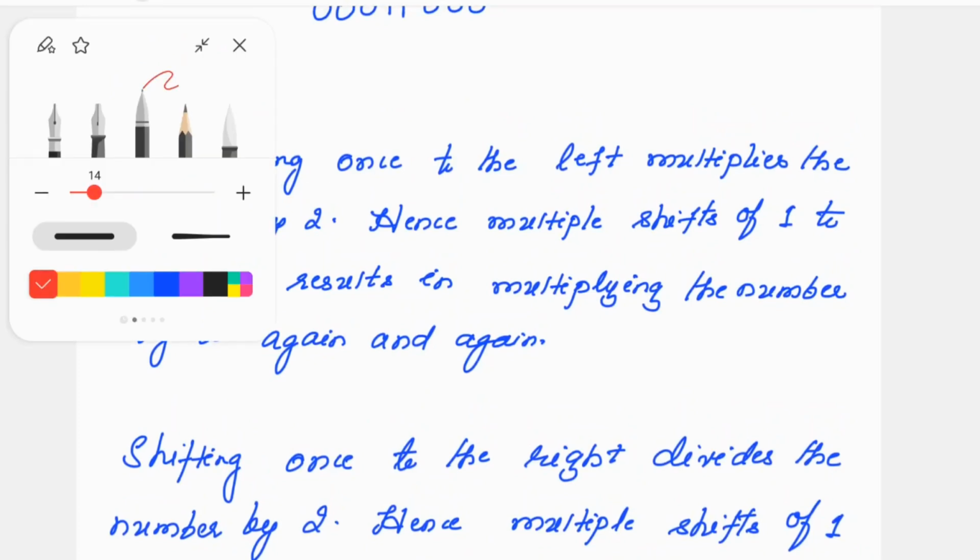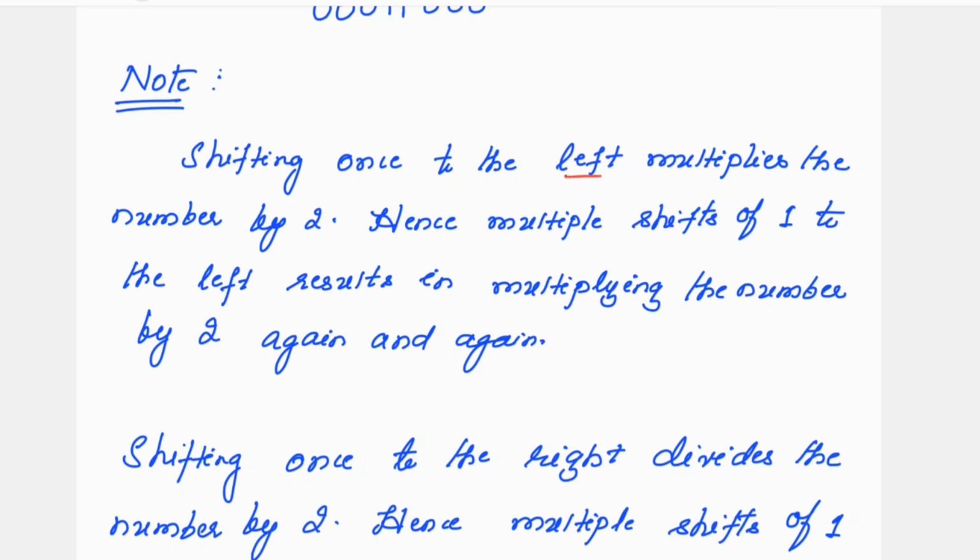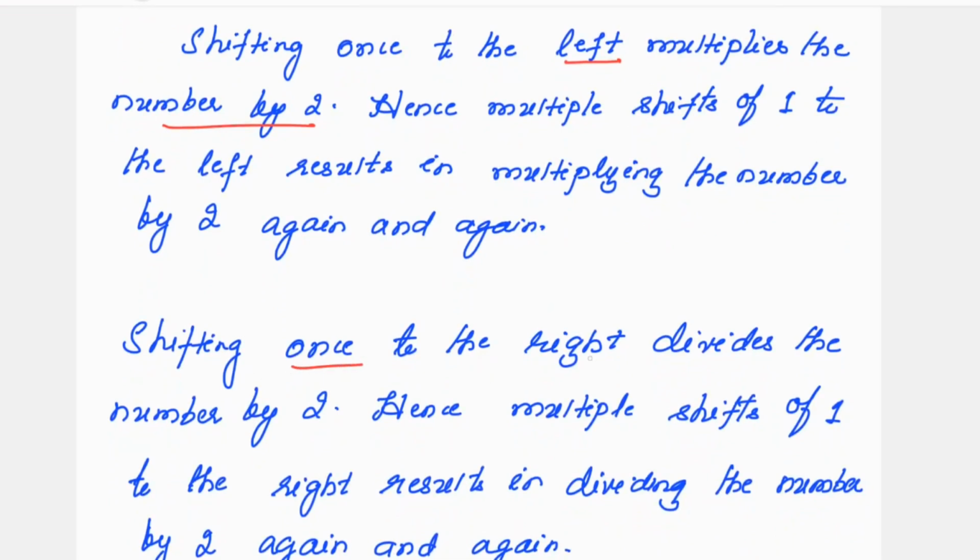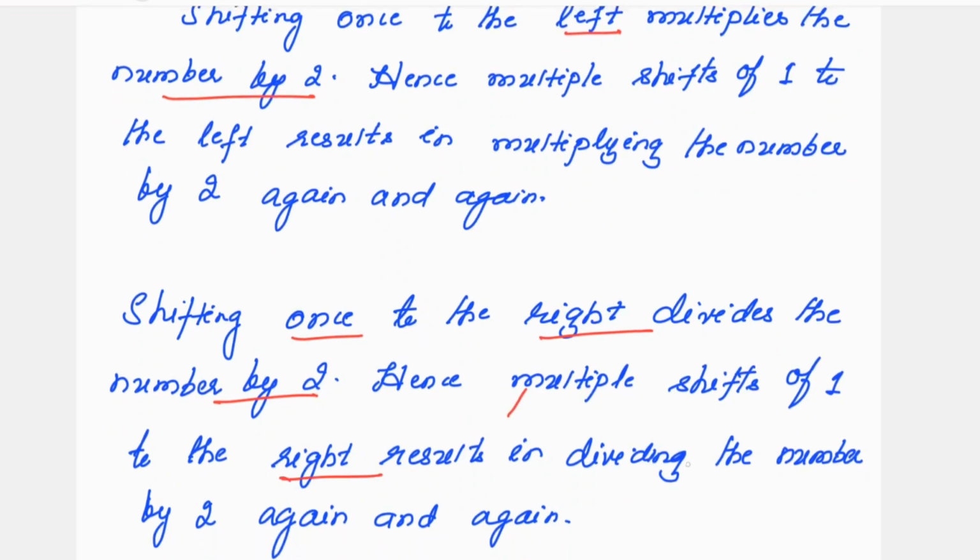Shifting once to the left multiplies the number by 2, so if you perform multiple shifts of 1 to the left, it will result in multiplying the number by 2 again and again. Similarly, shifting once to the right divides the number by 2. Hence, multiple shifts of 1 to the right will result in dividing the number by 2 again and again.